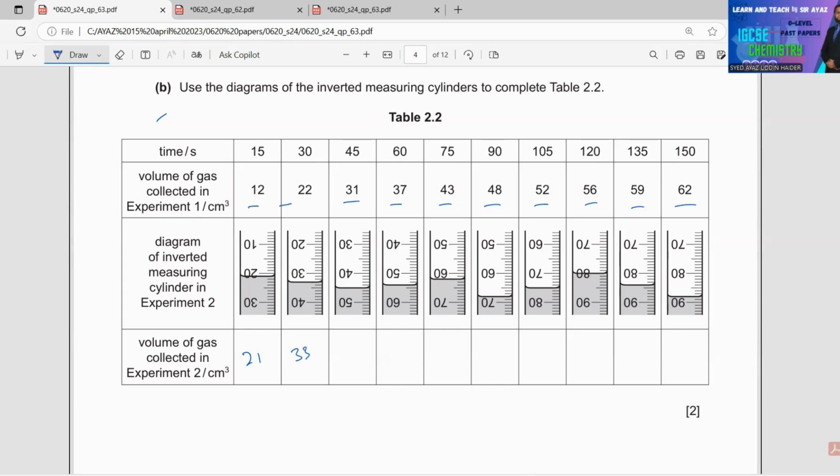The third one we are having 41, 42, 43, 44, 45. The fourth one we are having 54 here. Then we are having 62. Then 68. Then it must be 75. Then this one 80. This one 84. The last one 88.